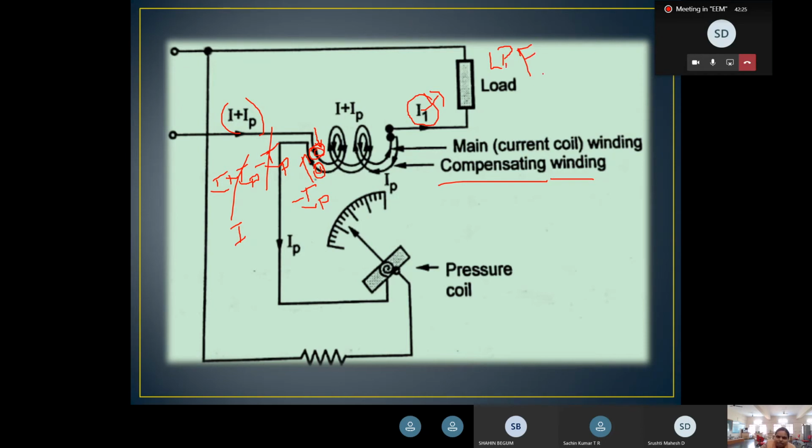Based on the load, we can measure our LPF despite the pressure coil. If I use a compensating winding for the current coil, I can do all this. This is the design change we are making in the pressure coil system.